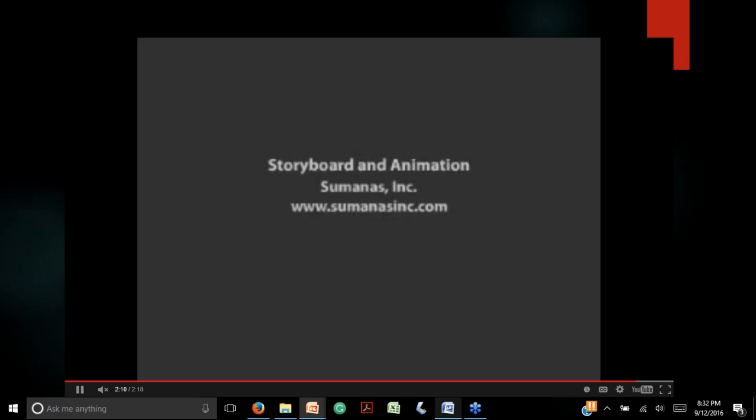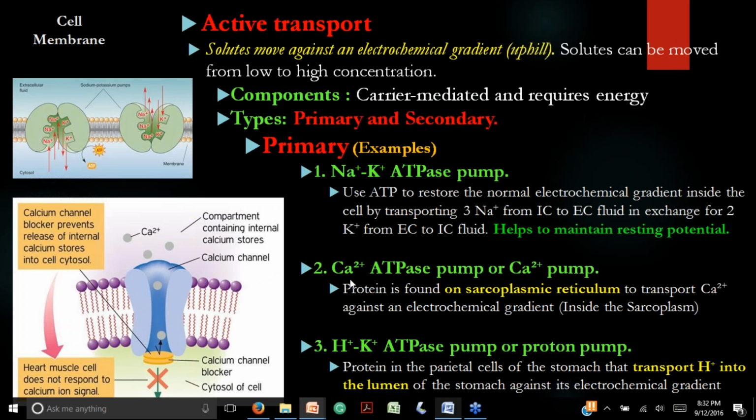Okay, so we already talked about the calcium ATPase pump that is in the sarcoplasmic reticulum. We have the hydrogen potassium pump that is mostly working in the parietal cells, the ones that produce gastric acid, that is going to transport hydrogen into the lumen.